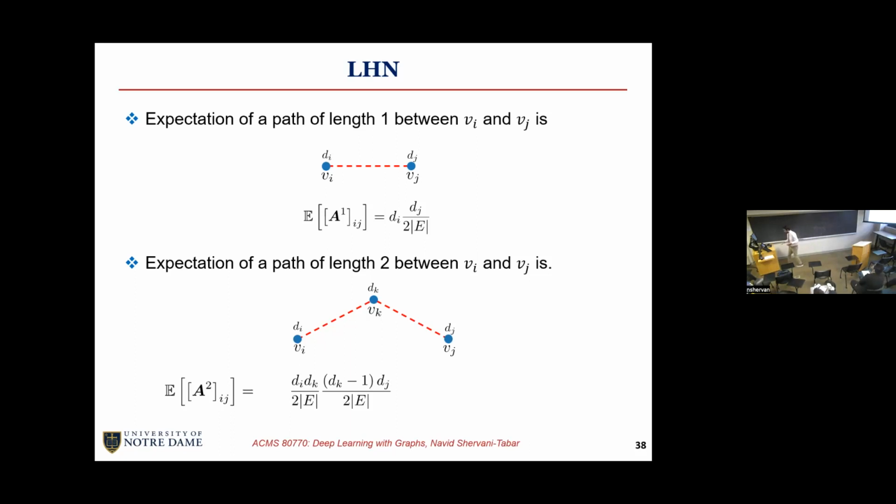Let me move to the chalkboard and draw this. So let's say that this is a graph. We have V1, V2, and V3, right? So this is how I show the set of nodes in our graph.